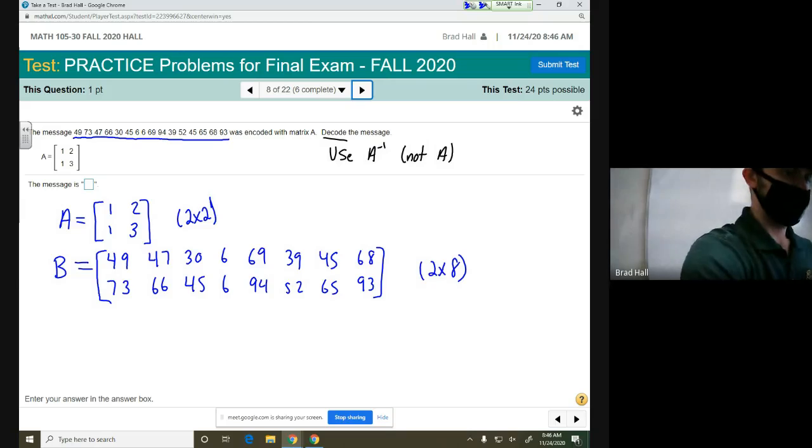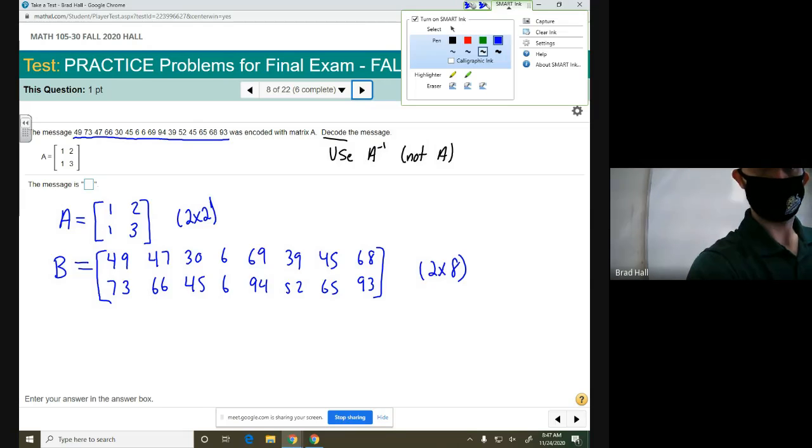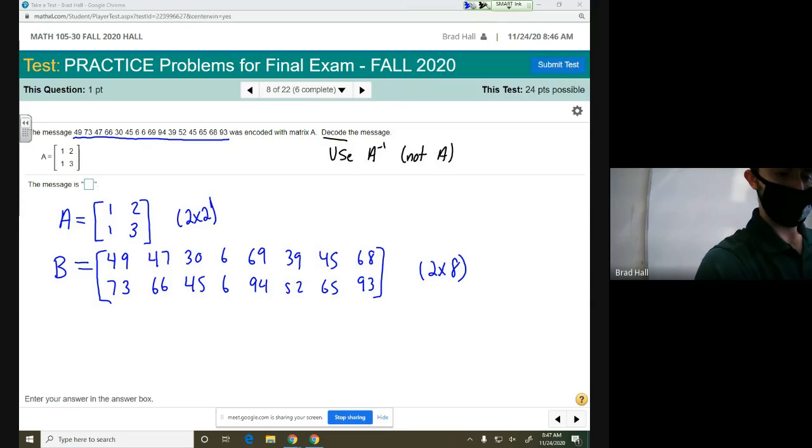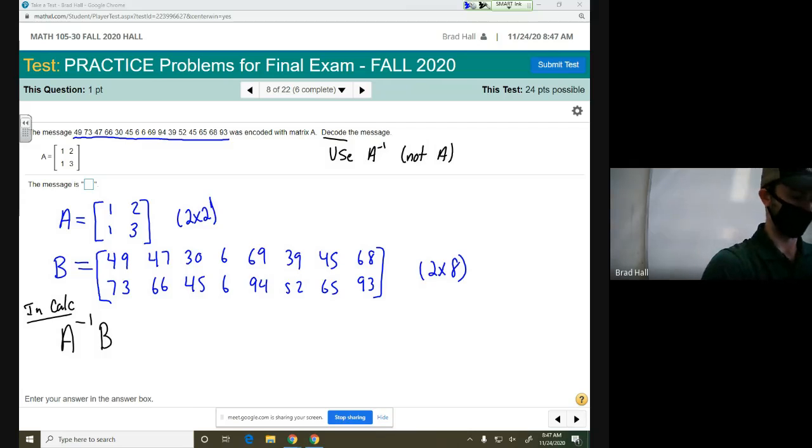And so what we can go ahead and put in the calculator is A with the inverse symbol, so we talked about that already, and you can actually just go and pull up matrix B as well. You don't even have to put a multiplication symbol.